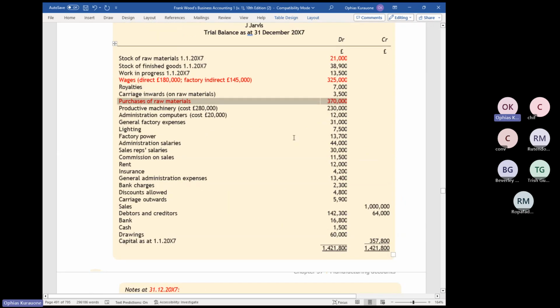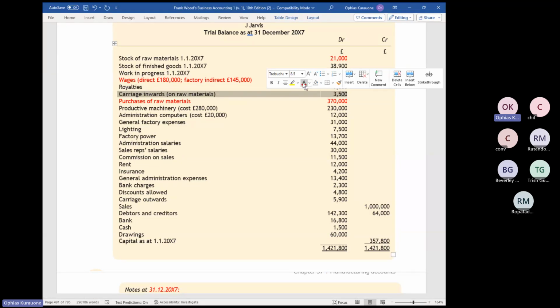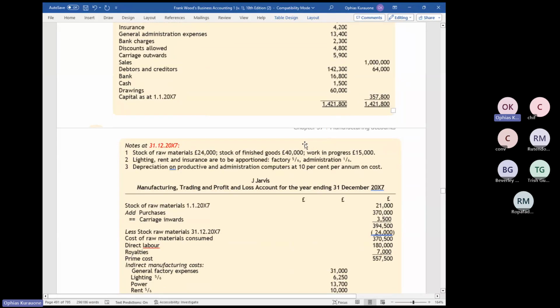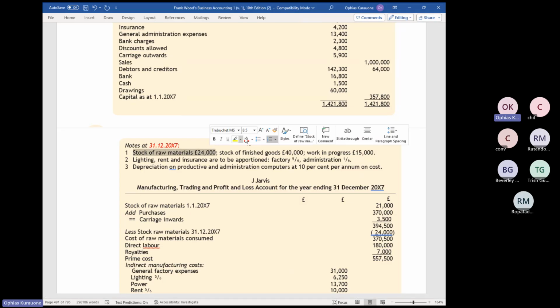Then if there is carriage inwards on raw materials, you add carriage inwards for raw materials. After that, you less closing stock. The closing stock is 24,000. That is given here. Closing stock of raw materials is 24,000.